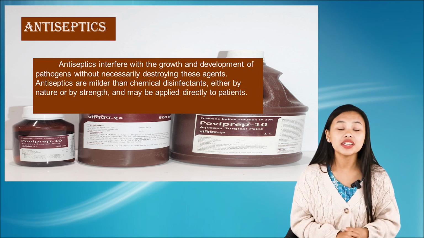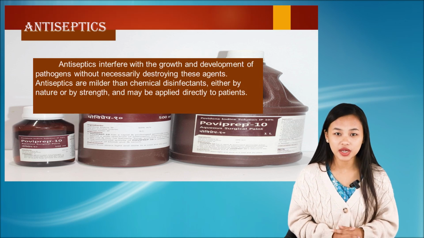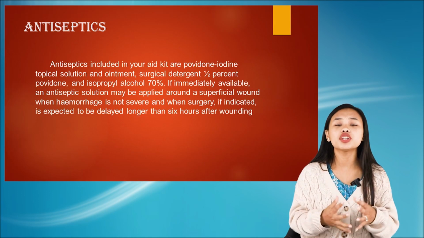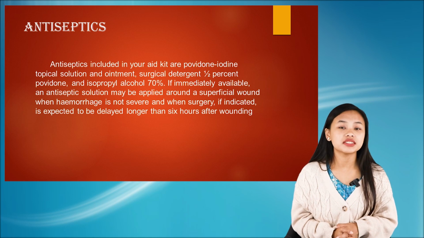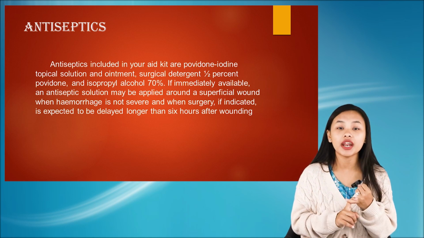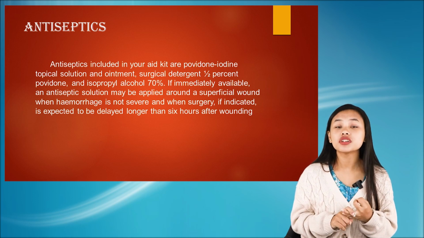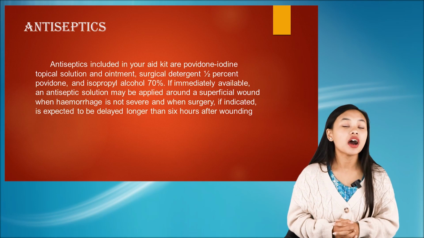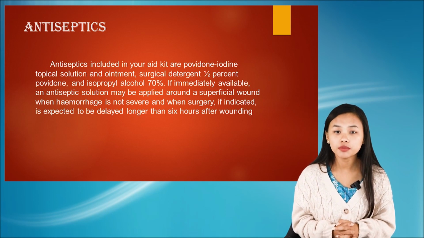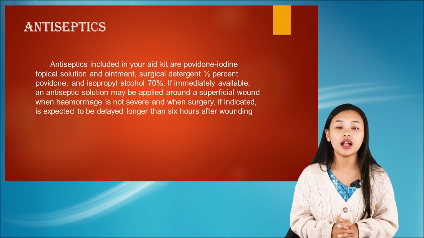That is why they can be directly applied to the skin of the patient as well. So here in the aid kit, you will find that there are various antiseptic solutions which will be included. For example, the povidone iodine solution, or even the ointment, the surgical detergent which consists of 0.5% povidone, and also the 70% isopropyl alcohol.